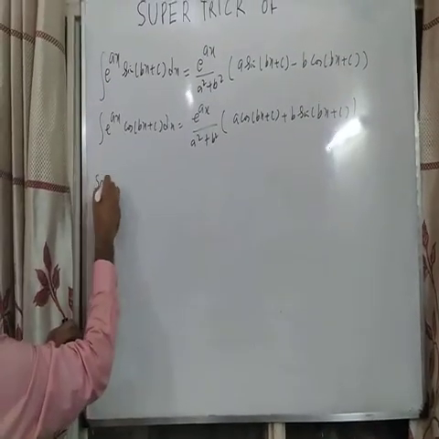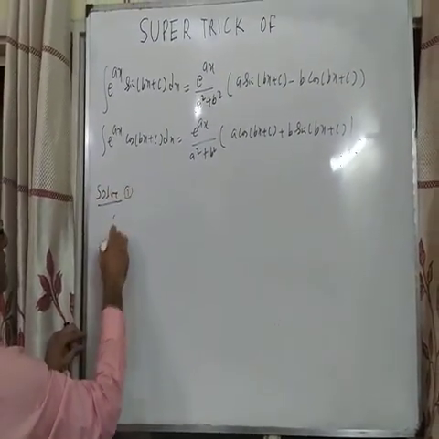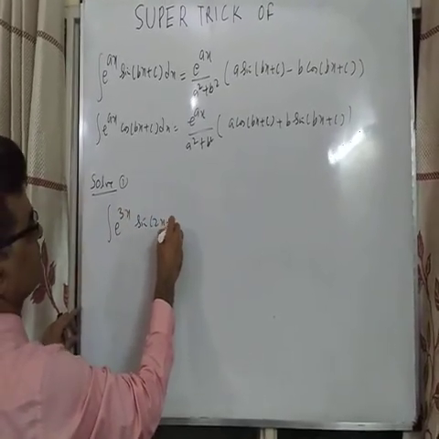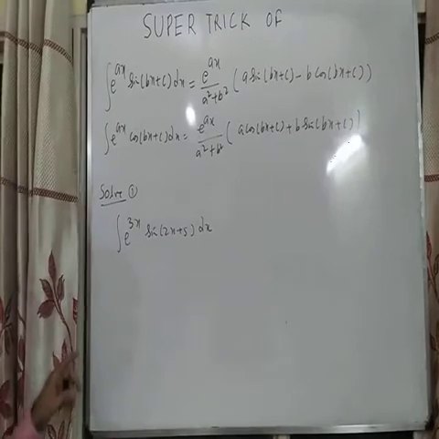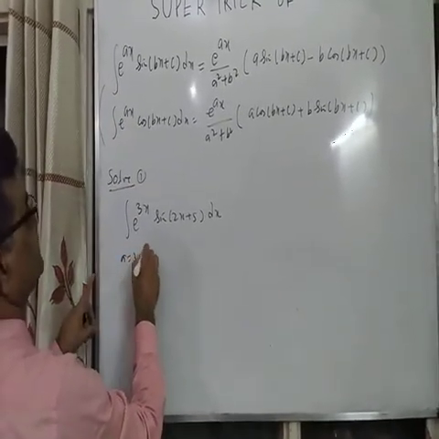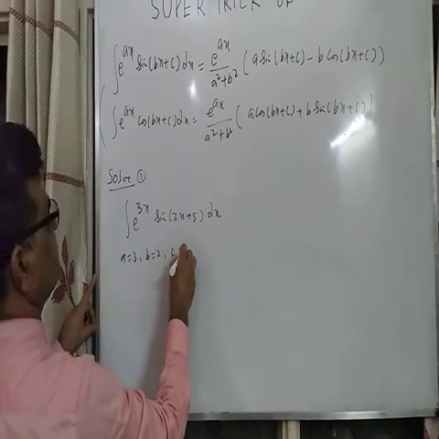Now solve question number 1: the integral of e to the power 3x sin(2x plus 5) dx. Now just compare with the formula: a is equal to 3, b equals 2 and c equals 5.